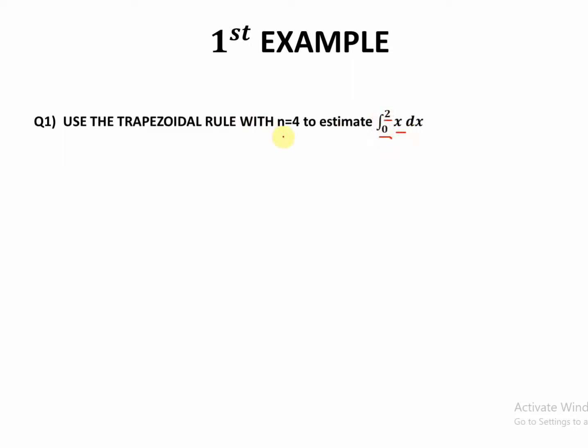First we have to find the width of the strip, h. So h is equal to b minus a upon n, where b is the upper limit and a is the lower limit. So 2 minus 0 upon the number of intervals 4, so h is 0.5.